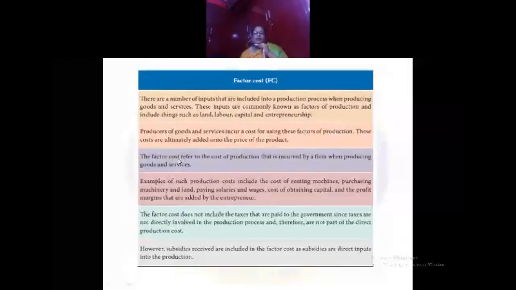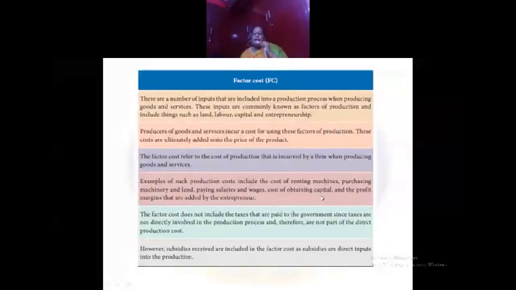The factor cost refers to the cost of production that is incurred by a firm when producing goods and services. Examples of such production costs include the cost of renting machines, purchasing machinery and land, paying salaries and wages, cost of obtaining capital, and the profit margins that are added by the entrepreneur.